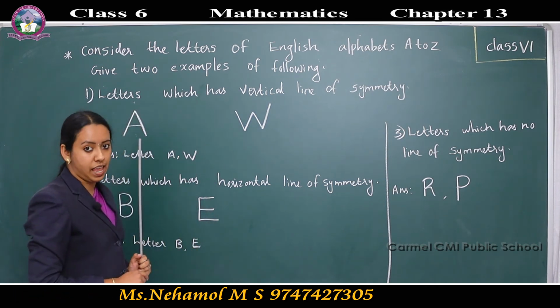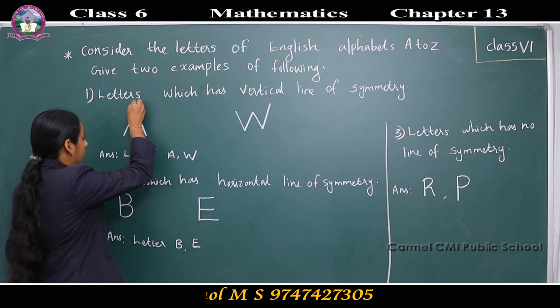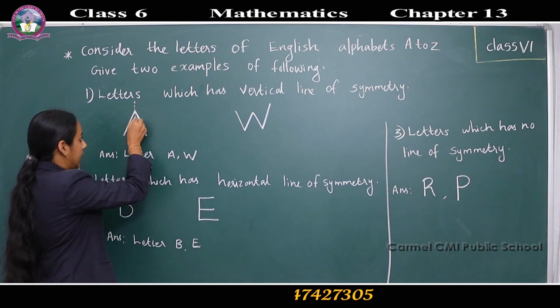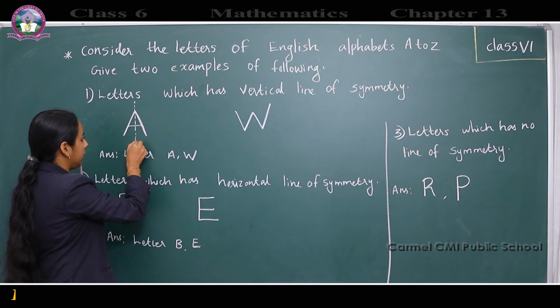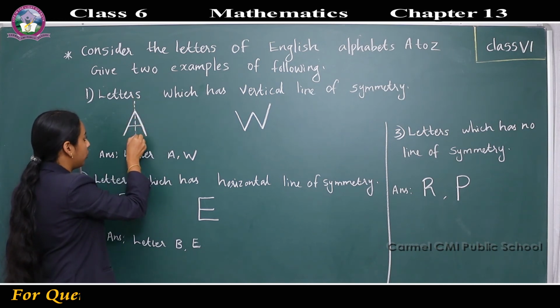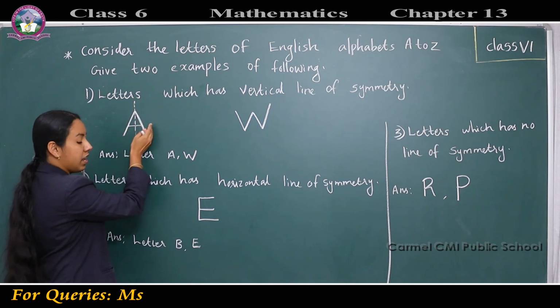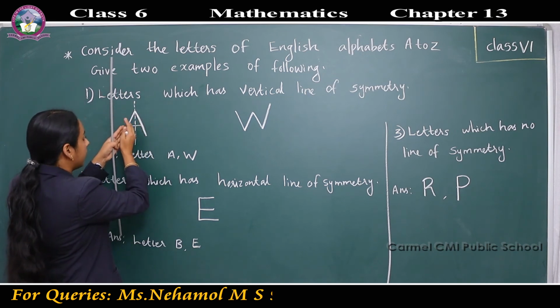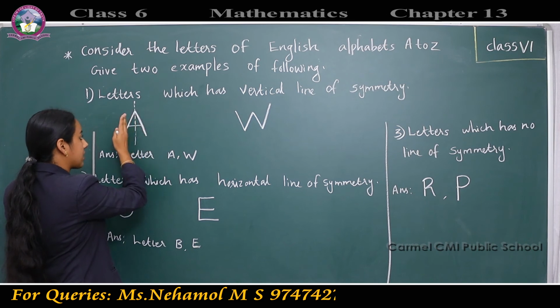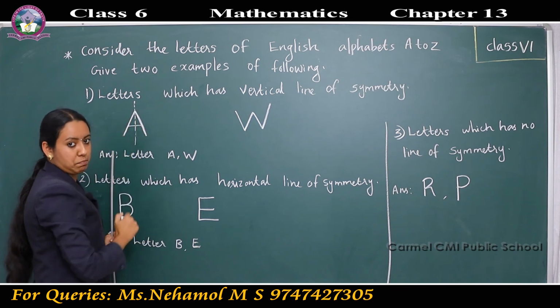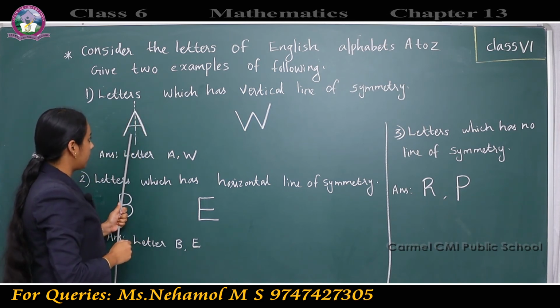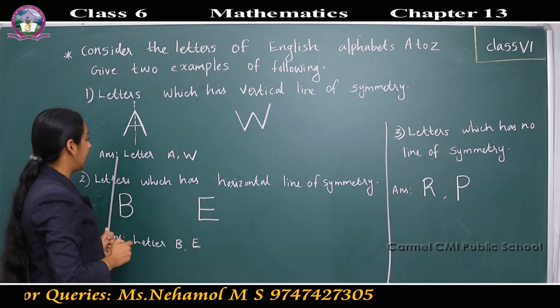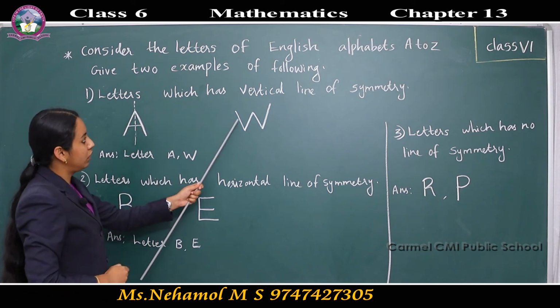Consider the letter A. If we draw a line of symmetry vertically, then it will divide the letter into 2 identical halves. And if we fold the figure, then one part exactly overlaps the other part. So first one's answer, letter A. Then we need one more example.